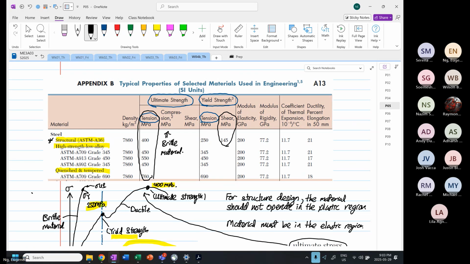Okay. But what are these stresses? You know it's yield strength, you know it's ultimate strength, but how do they get those data?